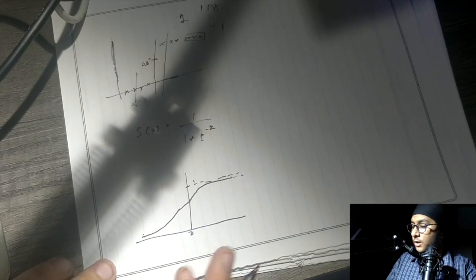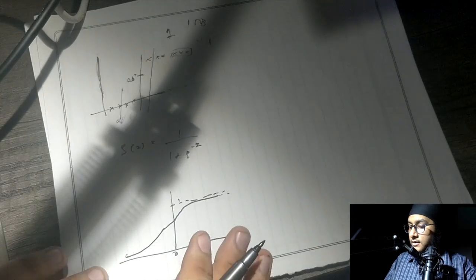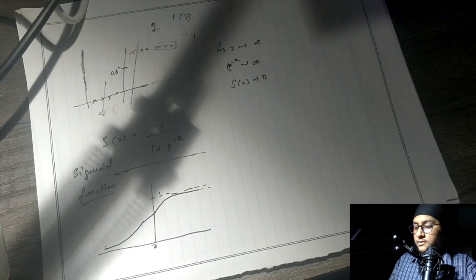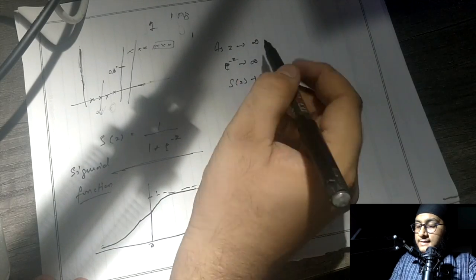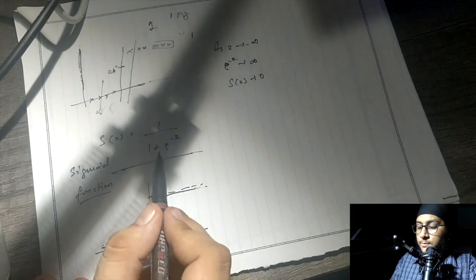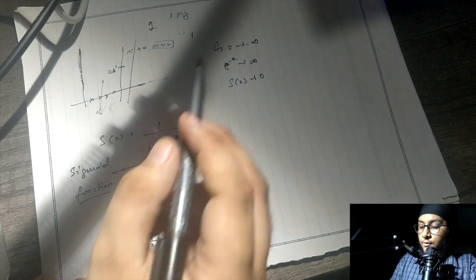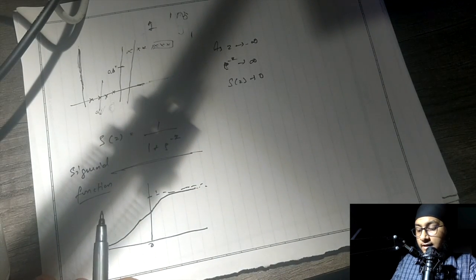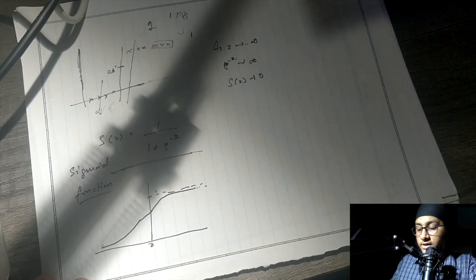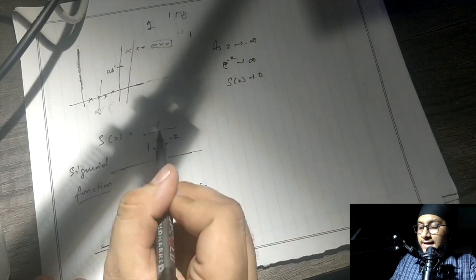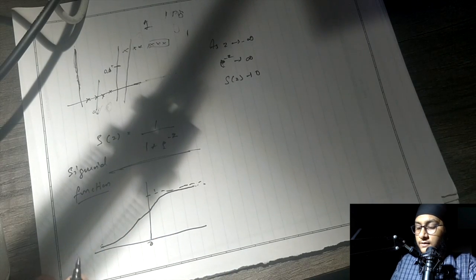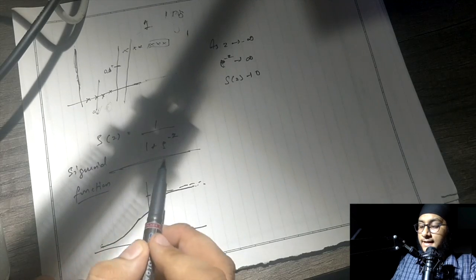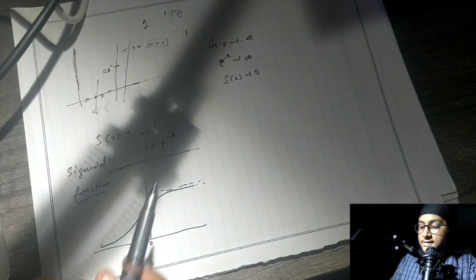Let's see what values we get in terms of limits. When z tends towards negative infinity, e^(-z) would tend towards infinity, since e to the power negative of negative infinity is e to the power positive infinity, which is infinity. So S(z), the sigmoid function of z, equals 1 upon infinity, which tends towards 0. In the second case, as z tends towards infinity, e^(-z) would tend towards 0.